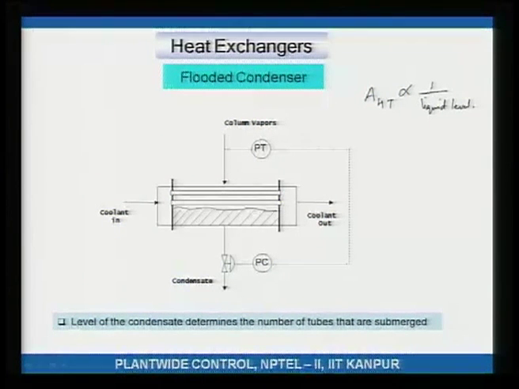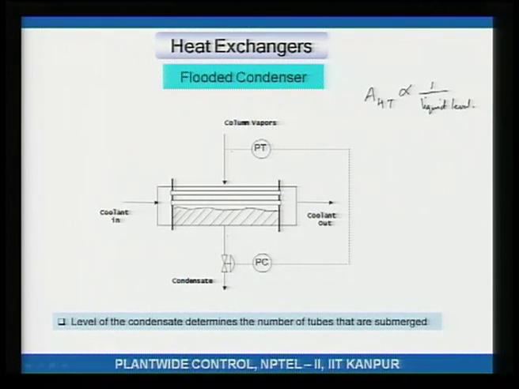As this valve gets opened, more condensate flows out, therefore the level goes down. As the level goes down, more tubes get exposed, more heat gets removed, therefore the extra vapor that has accumulated condenses and the pressure is brought back, right. So, this is how a flooded condenser works.